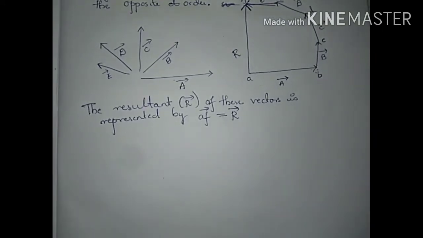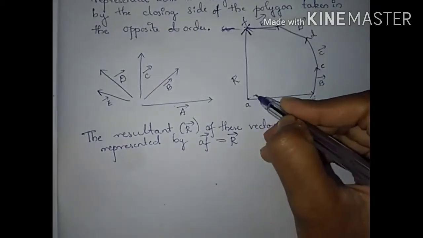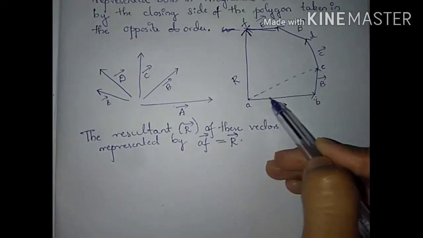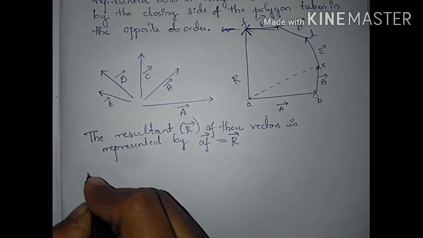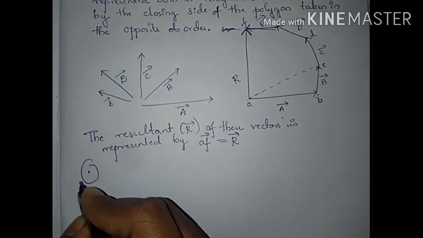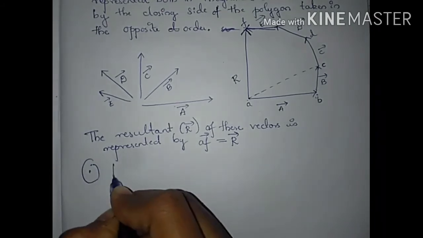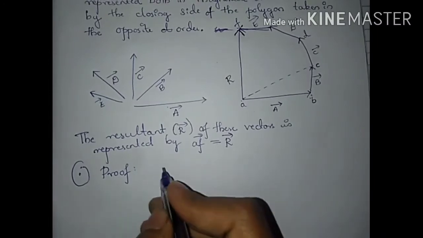Next, join the points A and C. If you join AC, what will you get? You will get a triangle ABC. So now the proof of the law.